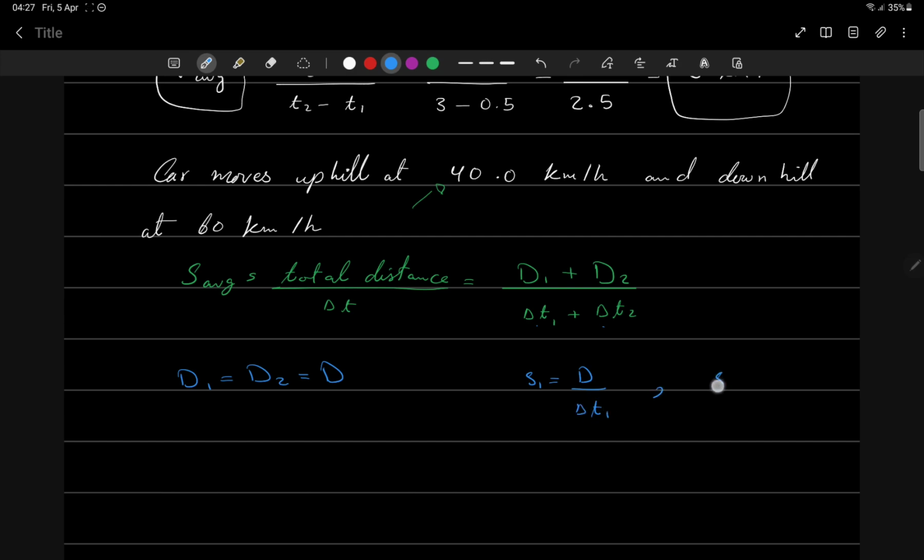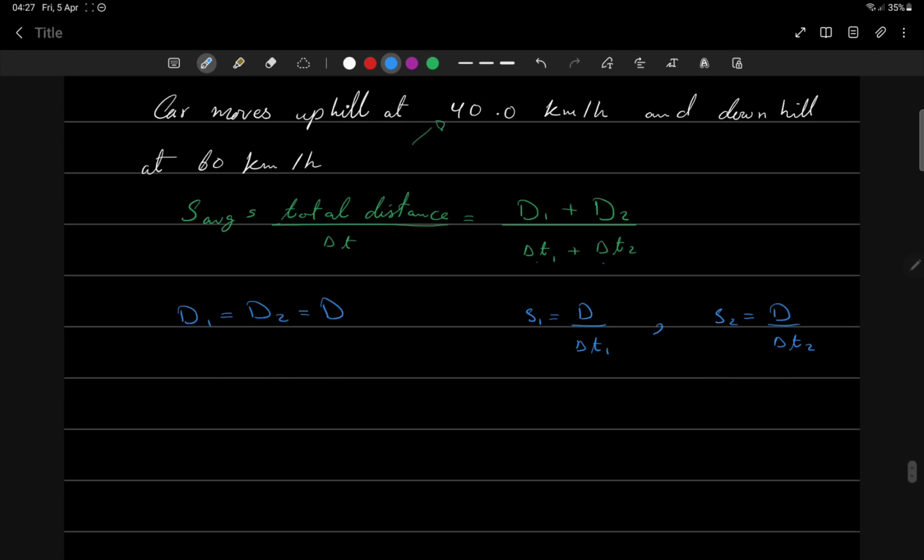And the second speed when it was going down, again, equals distance by delta T2. So the average speed equals d plus d divided by d by delta t1 plus d by delta t2, and d plus d equals 2d.